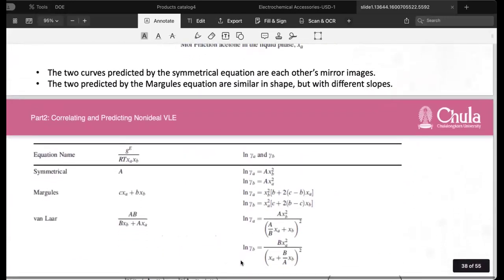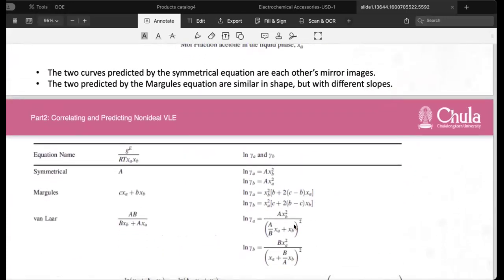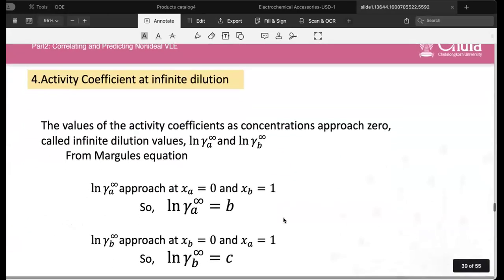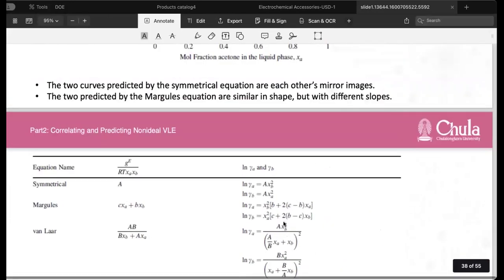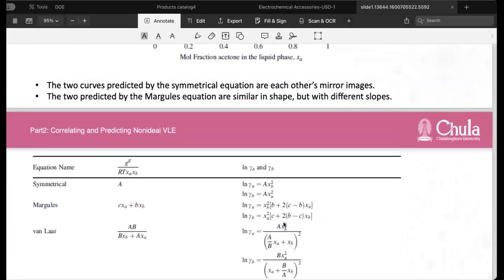What about the Van Laar equation? Just check this. For the Van Laar equation, if we consider the case of XB close to 1, when XB is 1, XA is 0, what happens to log gamma A infinity? XB is 1, XA is 0, this term becomes 0, we have 1 and 1 here.